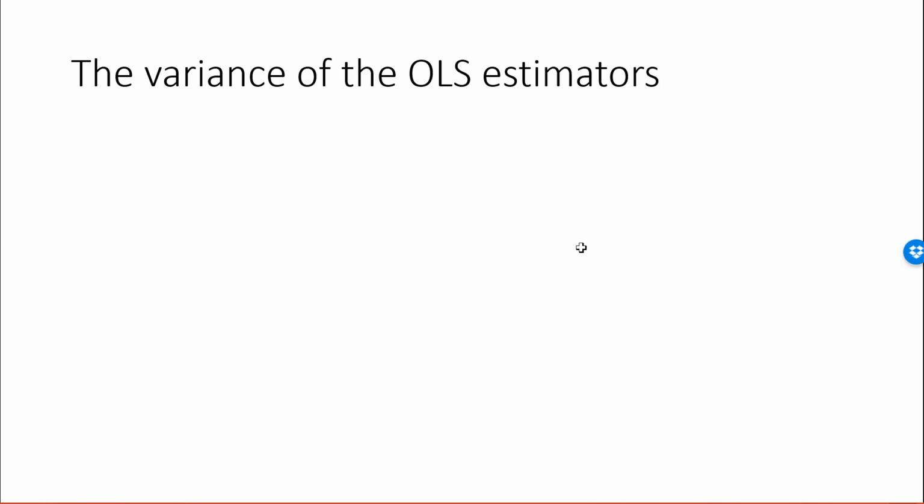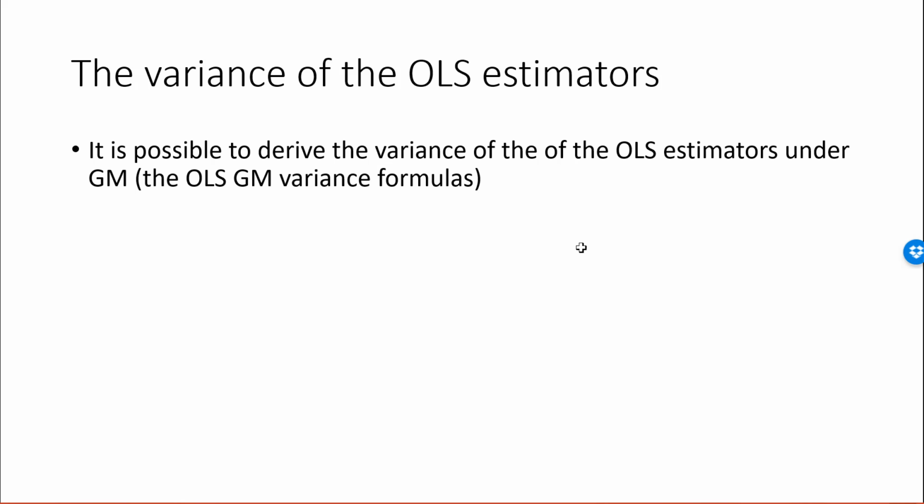For the variance, it's possible to show that we can actually find a formula, but just like the formula for the OLS estimates themselves, it will become pretty nasty unless we use matrix notation.